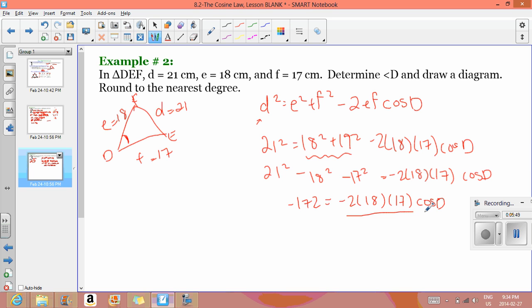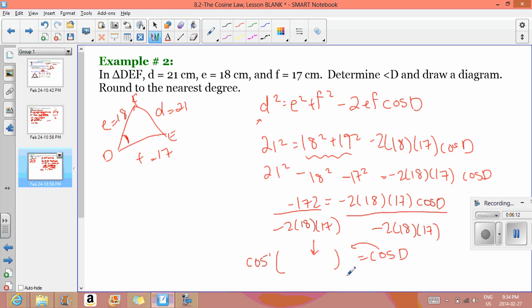This is going to have to go to the other side because we're trying to get d by itself. So we divide by the negative 2 times 18 times 17. We do that on both sides. And notice the only thing left on this side is cos d. So if we're trying to get d by itself, we have to move cos to the other side, and we would have to do cos inverse of everything that was right there. And if you type that whole thing into your calculator, you would get that d is approximately 74 degrees.